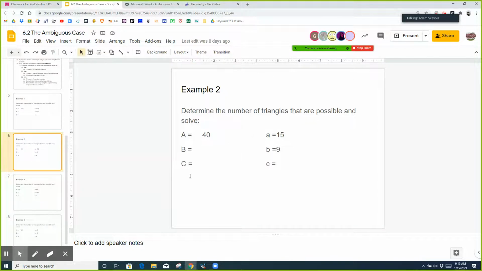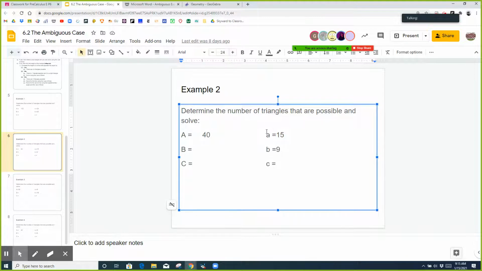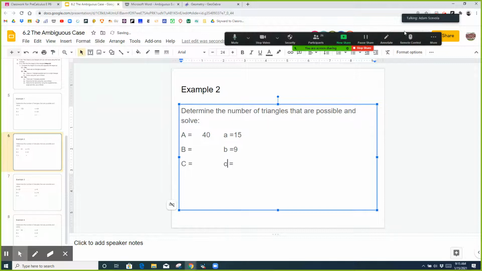All right, now let's try this case here. I'm going to move this over so I have room to make my pictures. Didn't matter when we were in a classroom on the whiteboard.